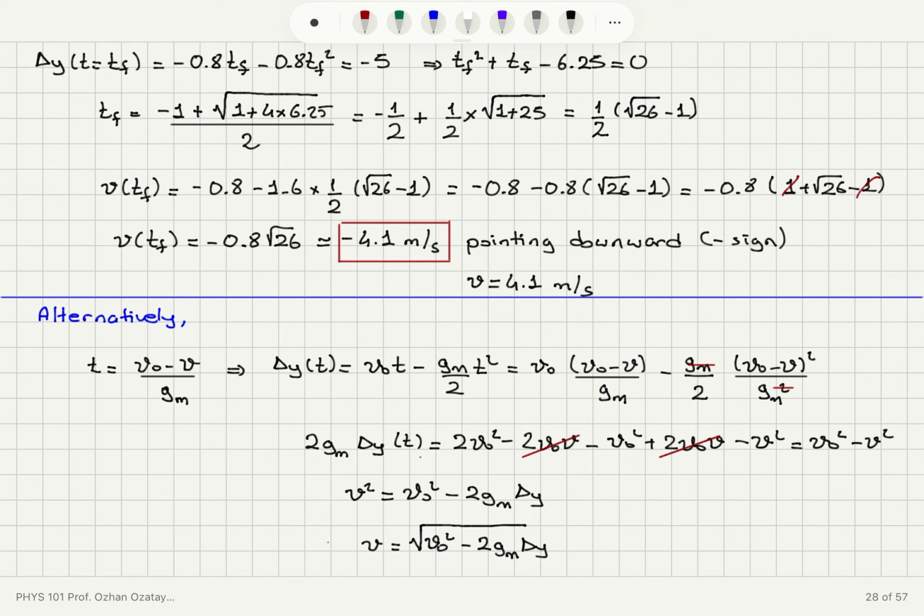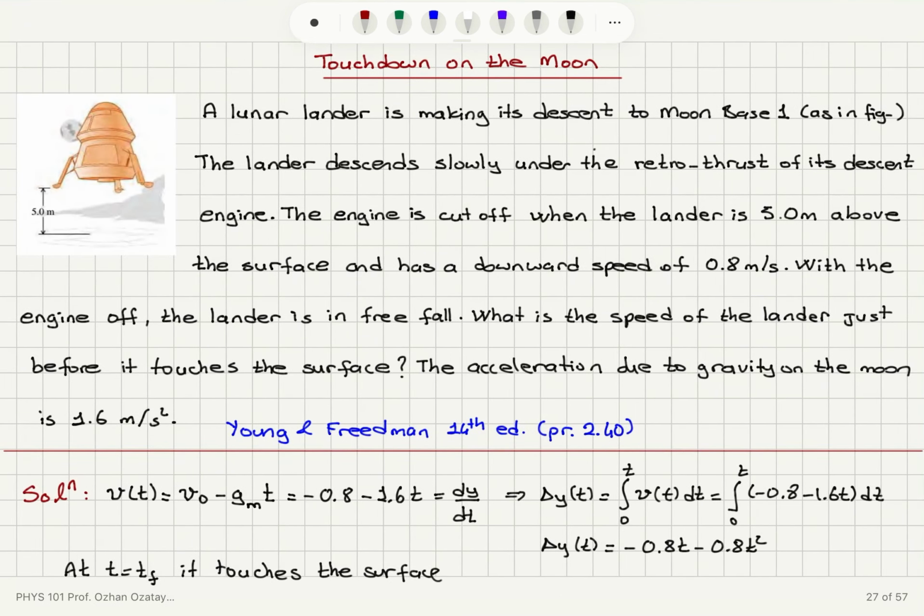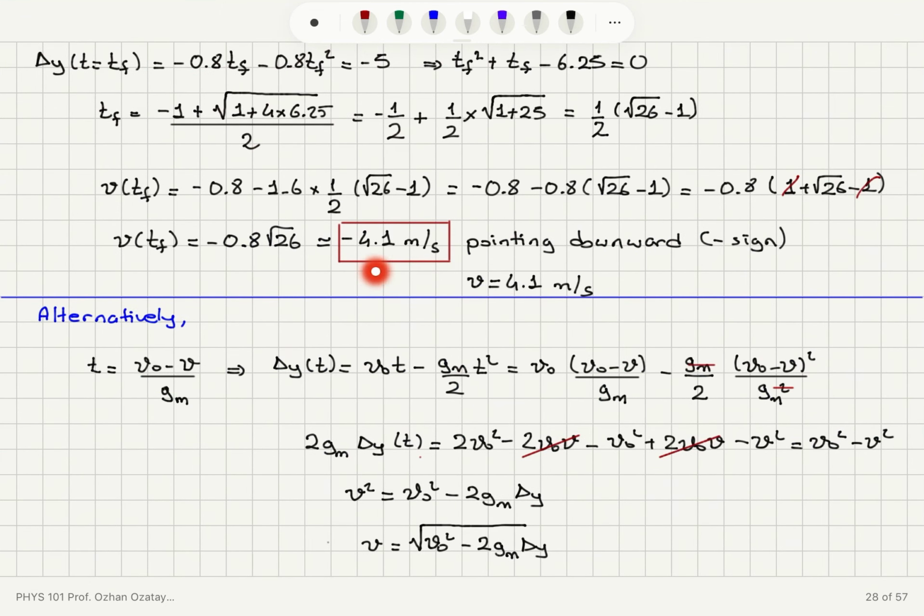So using this relationship we can solve for the fall time, and we can evaluate the velocity at the fall time, and find minus 4.1 meters per second, pointing downward because of the minus sign. The final speed is 4.1 meters per second, which was really the question that was asked. It's the magnitude of this final velocity.